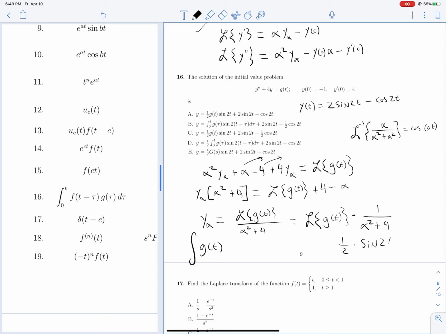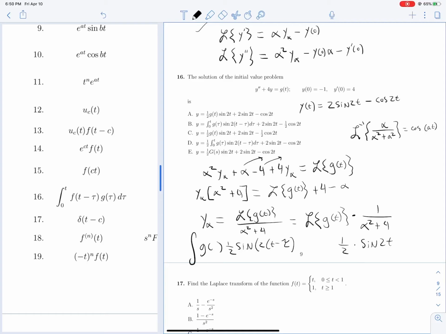sine at, sine 2t. So we can take this guy and replace all of our t's with t minus tau. So this is 1/2 sine 2 times t minus tau.